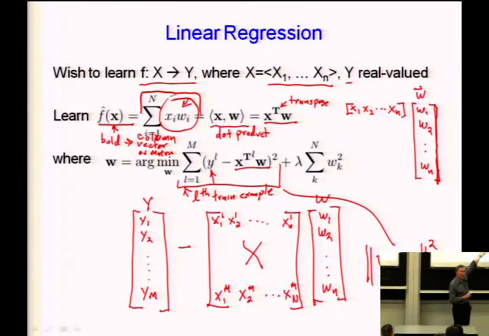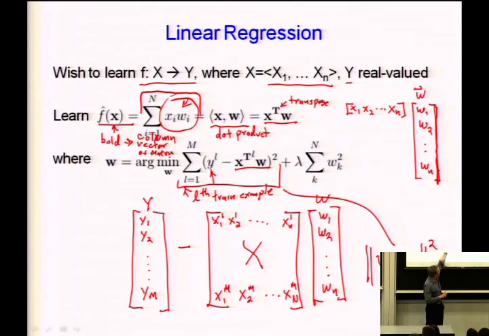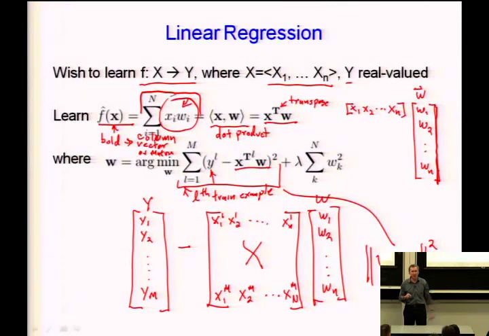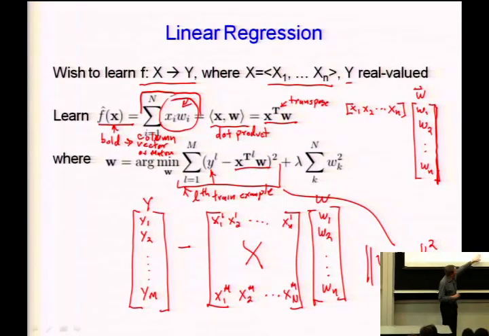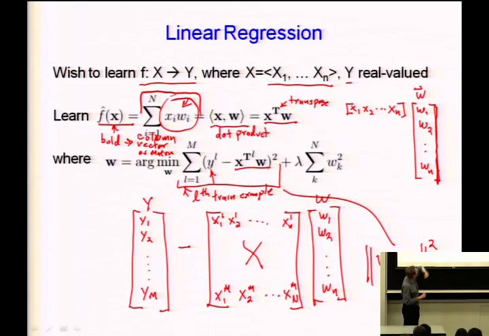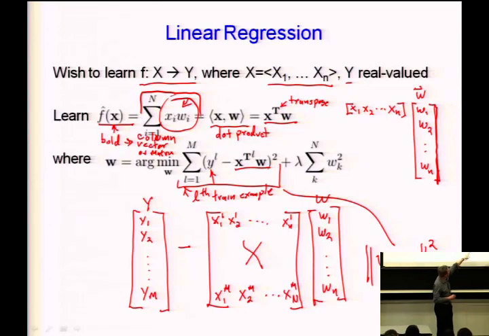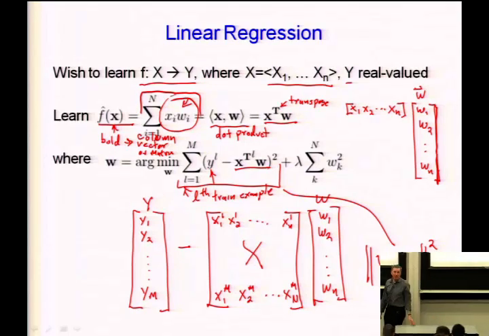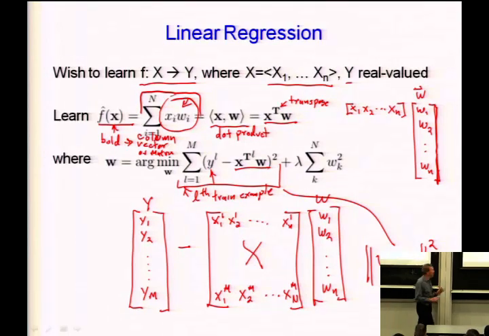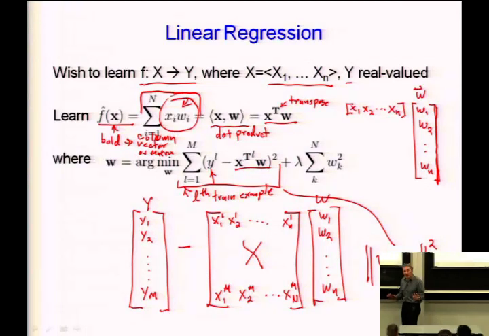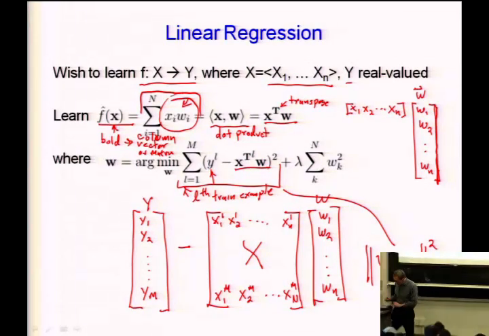Similarly, let's make the matrix X be a matrix where the ith row is just the ith training example. And of course, we have our vector w. And now we can represent this whole first expression by just saying we want to minimize the square of the difference between this vector of y training values and w times the x matrix of training examples. Okay, so this is all notation, but I wanted to start by quickly saying it again because we will be using it today.